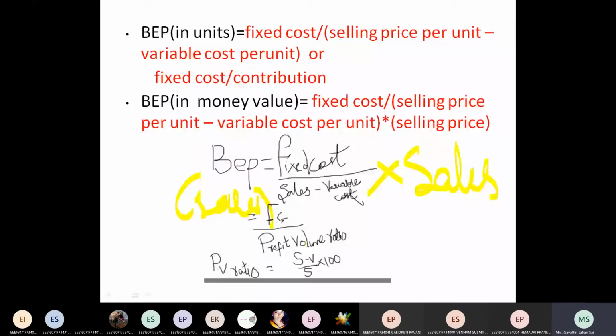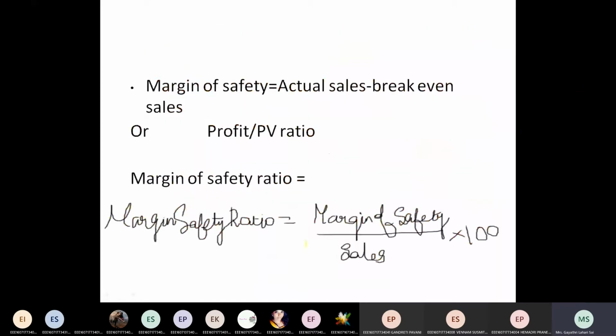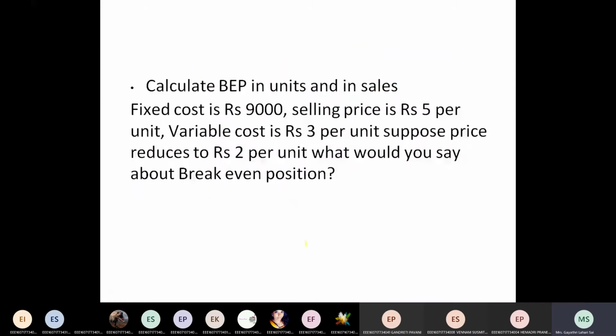Okay, I am again giving you the slide of question. All of you make a note of it and tell me the answer. Just do part 1, part 2 we will do next. Suppose 4,500 is BEP in terms of units. Yes, ma'am. Okay, tell me in terms of sales.